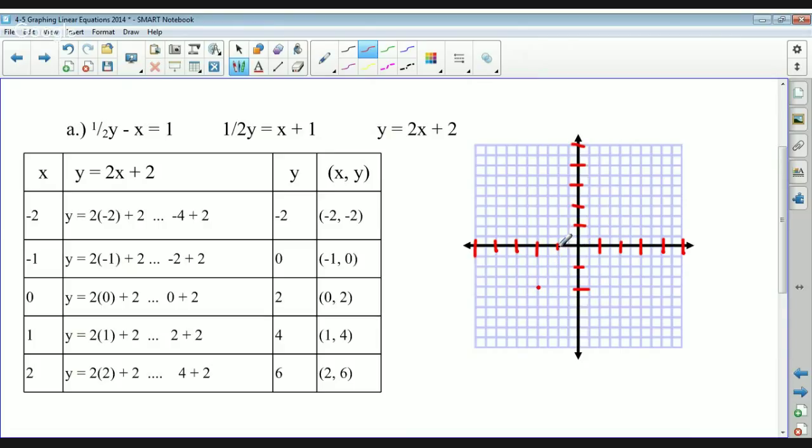Left 1 and 0. 0 and up 2. 1 and up 4. So with my 4 points, I can now grab my line tool. And I'm going to connect from my last point through to my first point.